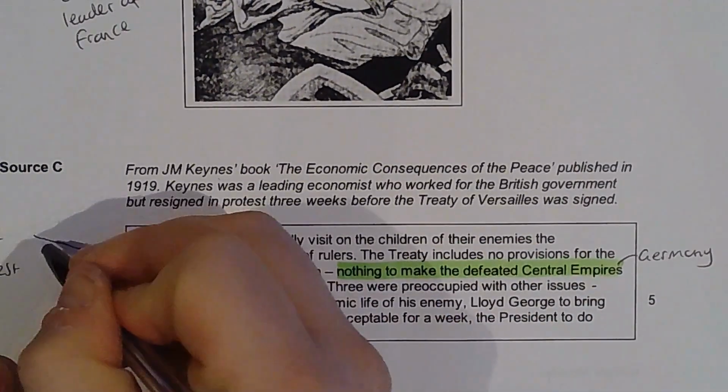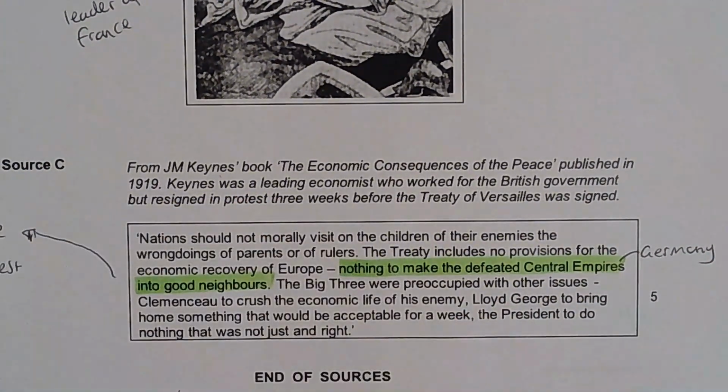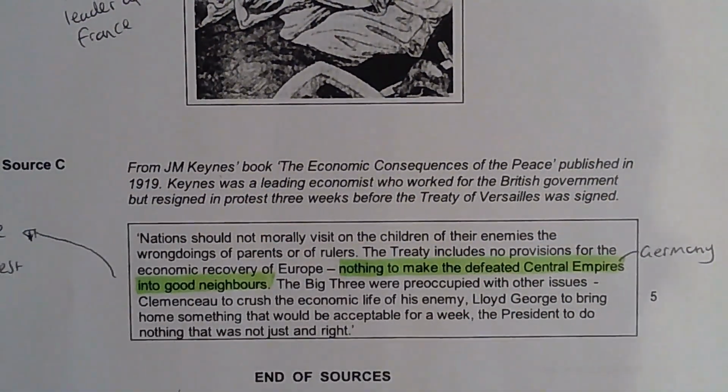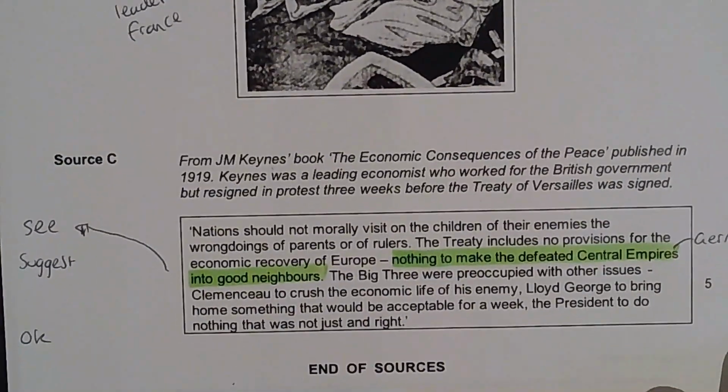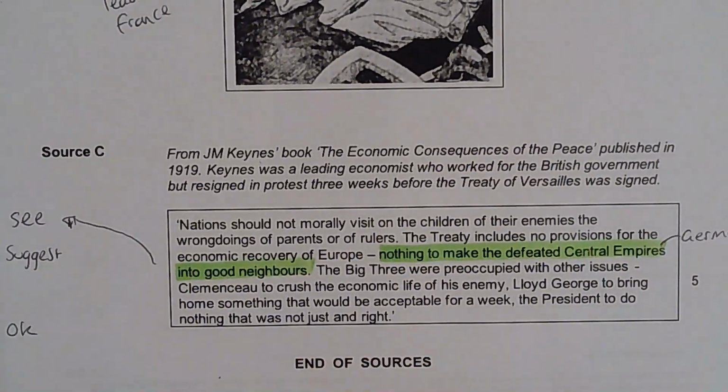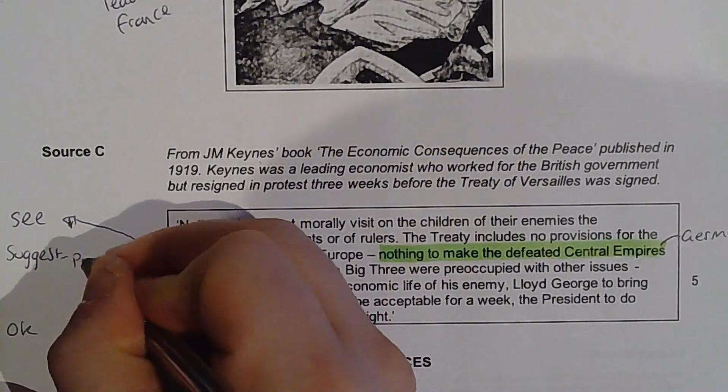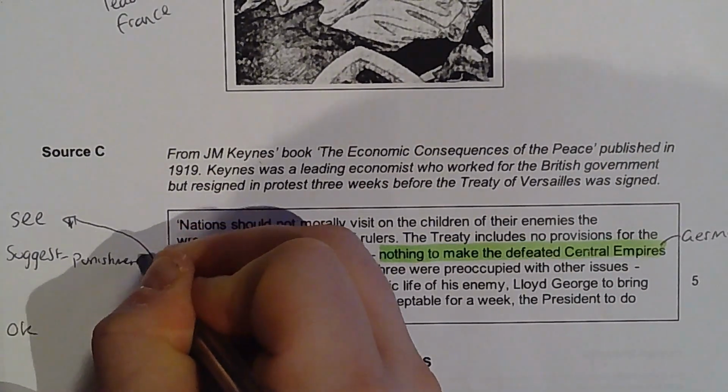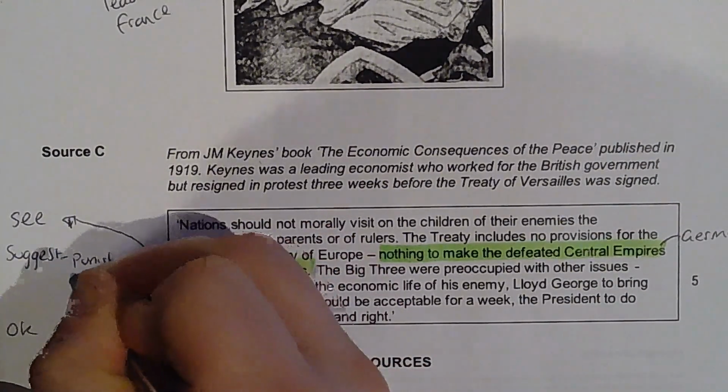So that is the quote that I'm going to use. So what does it suggest if there's nothing that's going to make them into good neighbours? What does it suggest about the Treaty of Versailles? Is it positive? Is it negative? Well, it suggests it's negative. It suggests it's more of a punishment rather than a peace deal.